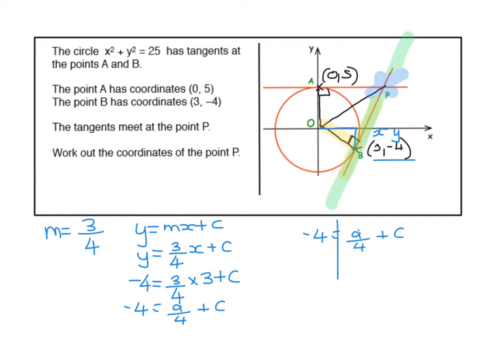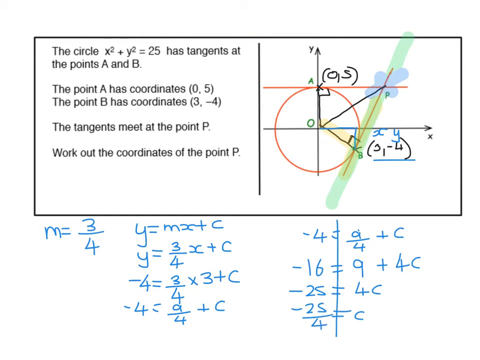So I need to times by 4 on both sides. Minus 4 times 4 is minus 16, equals 9. Don't forget to times the c by 4 as well, so plus 4c. I need to take away the 9 from both sides, so that's going to give me minus 25, equals 4c. And then I need to divide by 4. So it's minus 25 over 4 is what my c is.